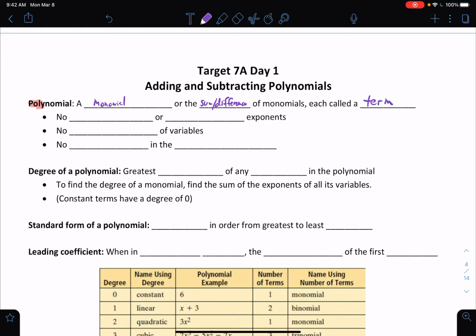So very math definition there. It's a monomial or the sum or difference of monomials. A polynomial means many terms. So it's a math expression that has multiple terms involved.